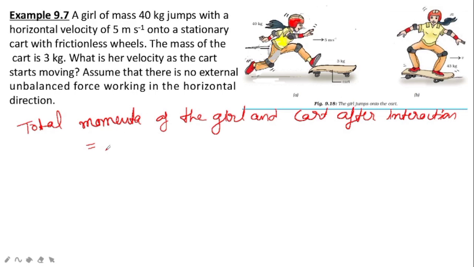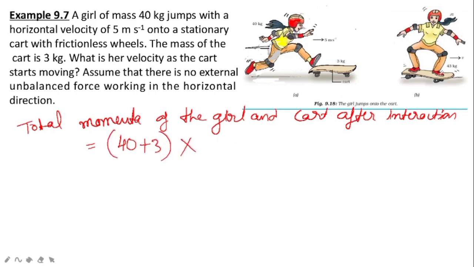That means after collision. In the previous example, that is when we derived that, but here it is related to the girl and the cart. So same thing, but look here, it is somewhat reverse to that of the bullet, because before firing the masses were together in the case of the bullet example, but here after interaction it is together, because the mass of the cart and the mass of the girl are added, they are moving together, right? So we took the mass as common. Since they are together, we take the mass of the girl 40 plus mass of the cart 3, into velocity.